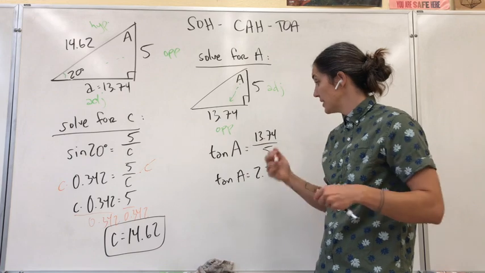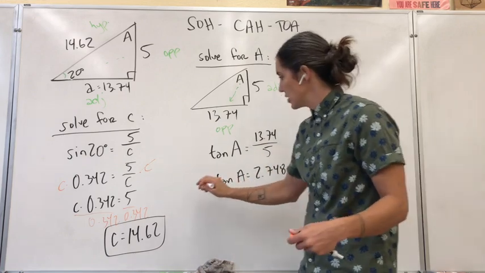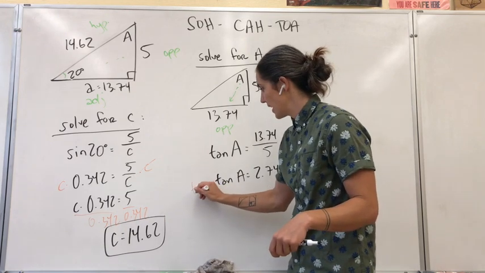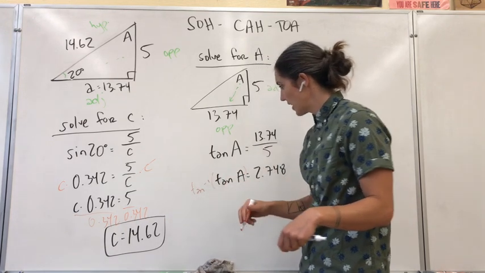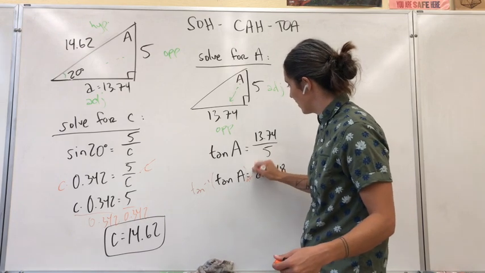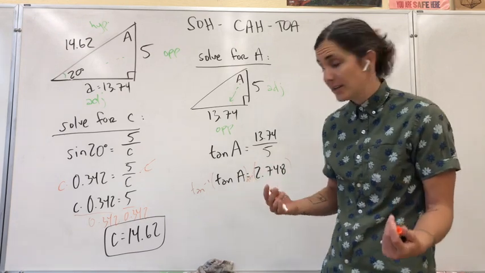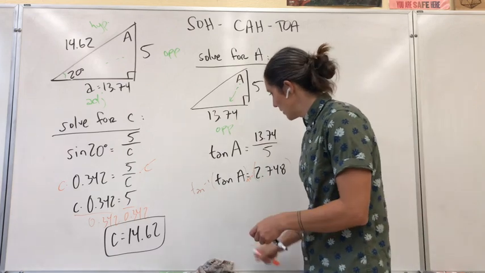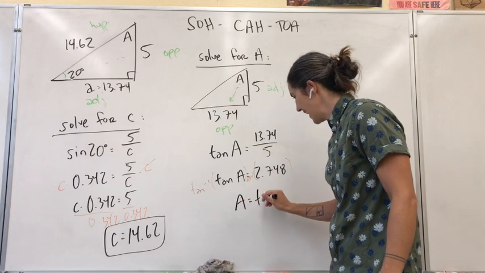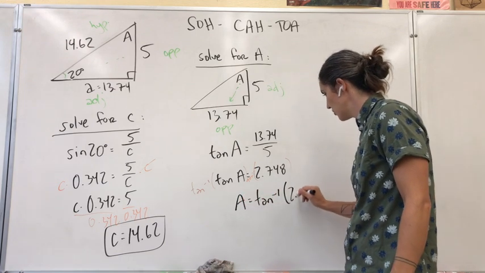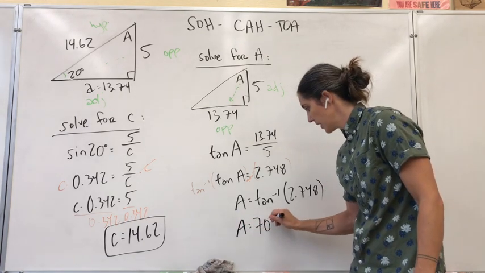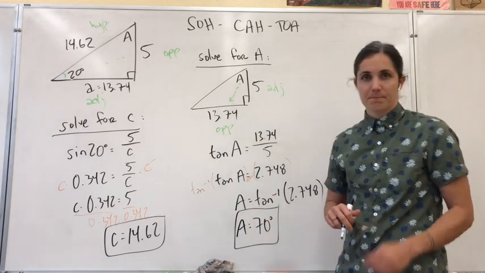So right here, technically what you're doing is you're still doing a thing to both sides, right? I could still write this as tan inverse of that side. Some people don't ever see that notation, that you're taking the tan inverse of both sides, but I really would end up writing it out as the angle is equal to tan inverse of 2.748, which we already knew, but just good to check, is 70 degrees.